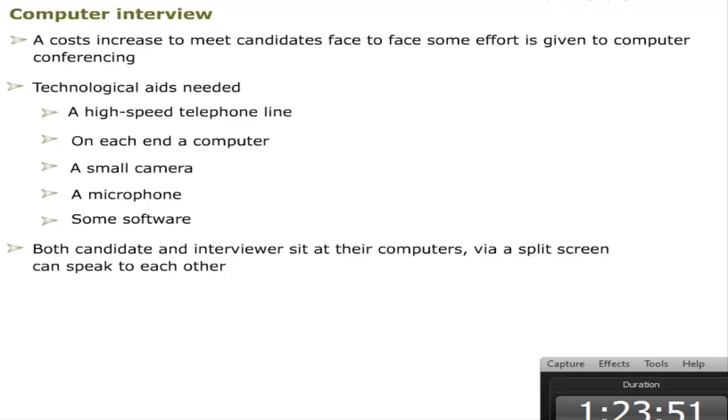Both the candidate and the interviewer sit at their computers and via a split screen can speak to each other and even pinpoint sections of the resume. Your school and even some companies may be in the process of signing up for this interactive system.